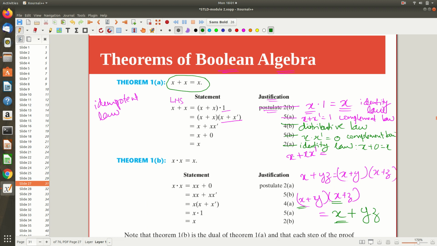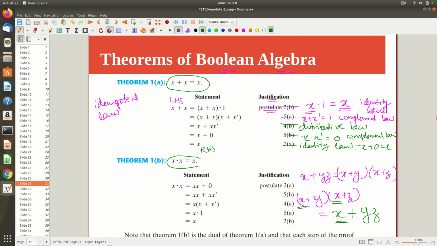Is it clear now? Let me erase this. Okay, fine. That's all. And finally what happened is from the LHS I reached the RHS. I can stop at this point. Now okay, hope it is clear.